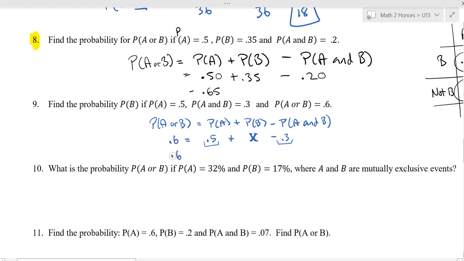So 0.6 equals 0.2 plus x, and subtract 0.2 and you end up with x is 0.4, or what we're after, the probability of B is 0.4.